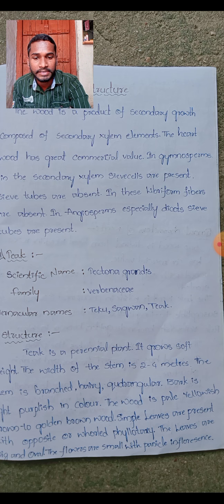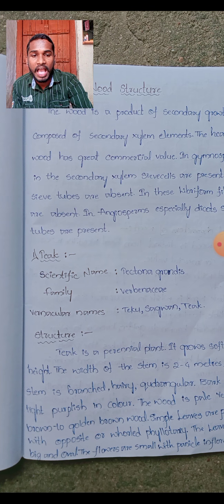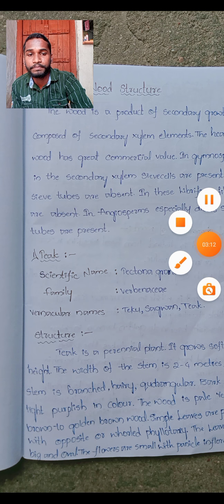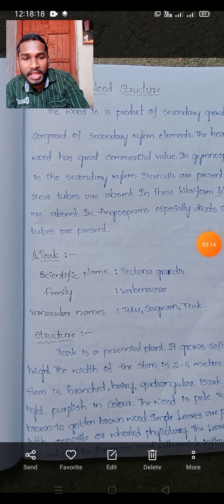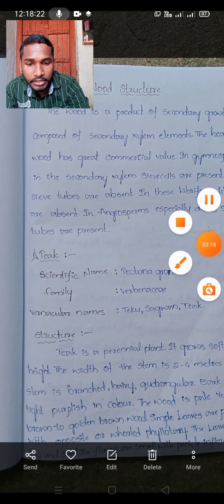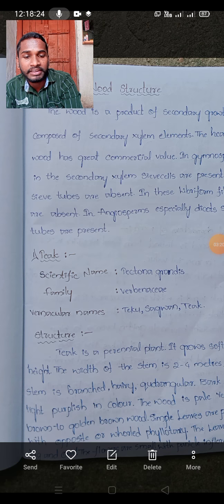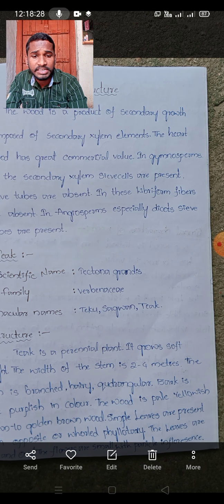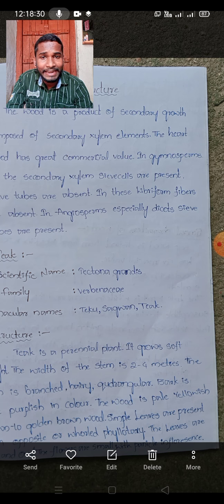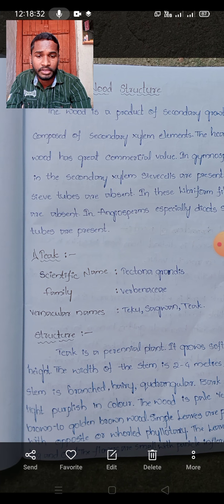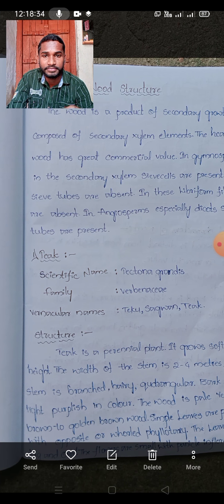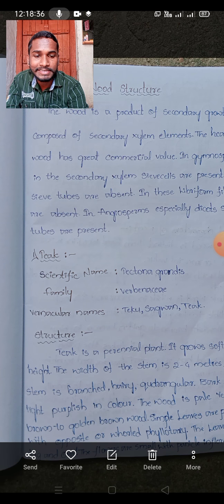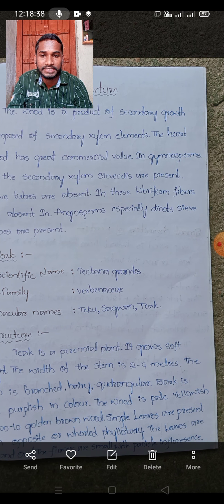The bark is light purplish in color, and the wood is pale yellowish brown to golden brown.